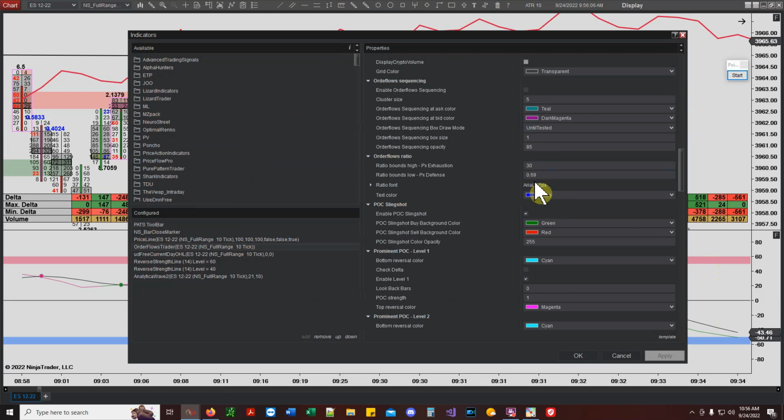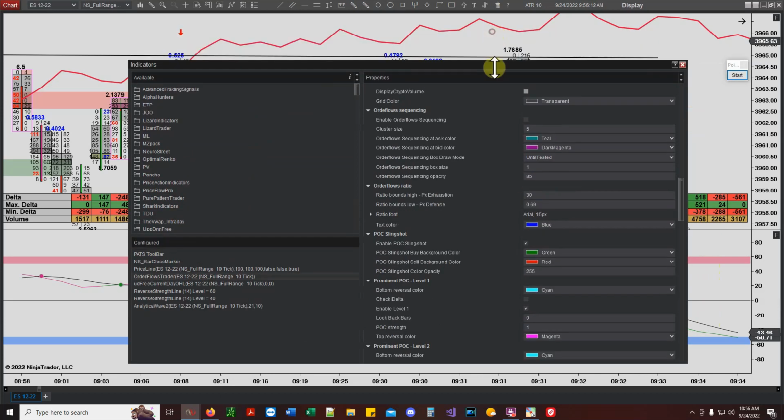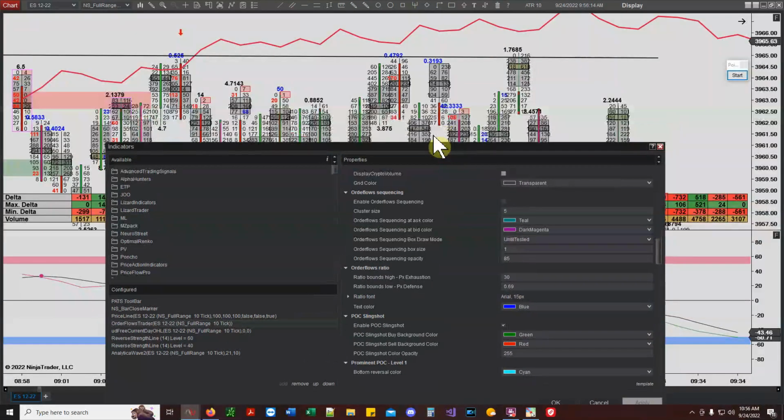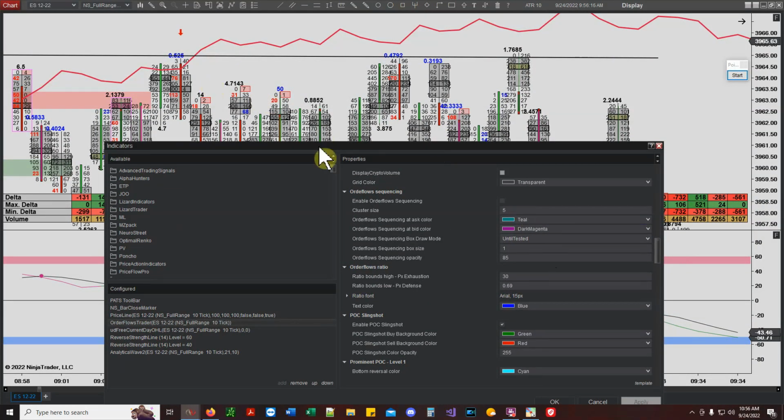So 0.69 is price defense. Exhaustion is whole numbers. So let's go back and look at those numbers. We got a ratio right here. That's price defense because we got 0.52. Anything with a point in it is defense. Anything that's a whole number is exhaustion.